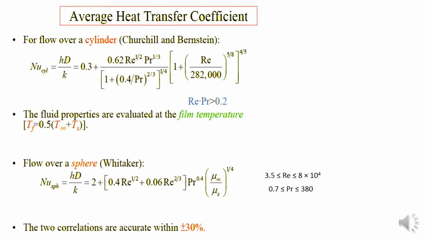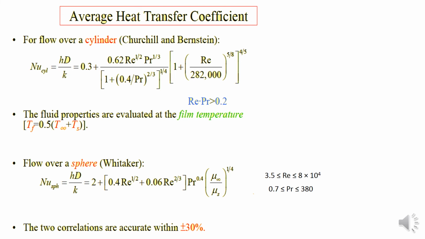Actually, the figure that I showed previously is for the local heat transfer coefficient. Now we look into the average heat transfer coefficient across the cylinder. From Churchill and Bernstein, we have this Nusselt number, given by this equation, and it is valid for Reynolds times Prandtl number larger than 0.2.